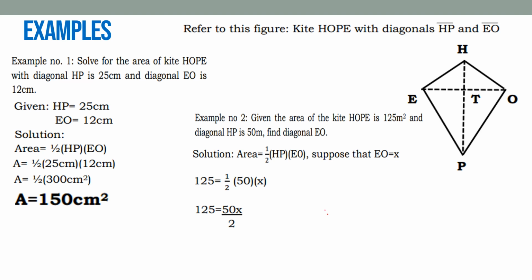Multiply both sides of the equation by 2. So 250 equals 50x. And then divide both sides by 50. 5 is equal to x. Therefore, EO is equal to 5 meters.